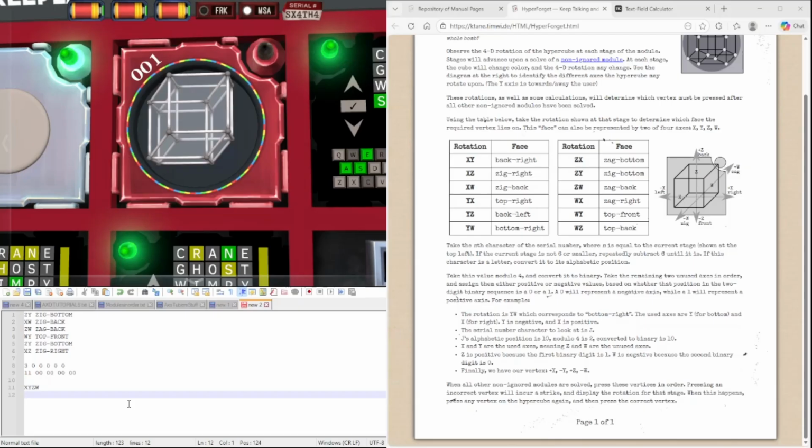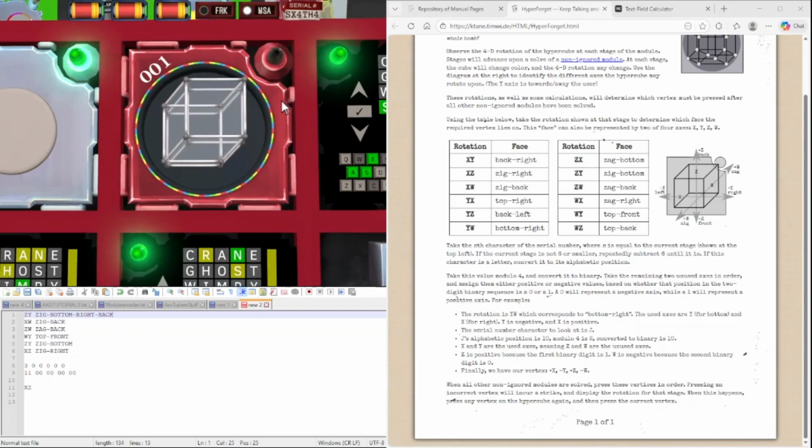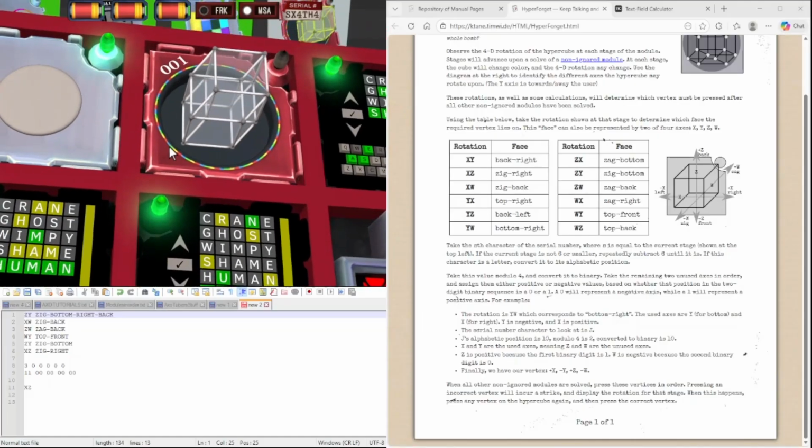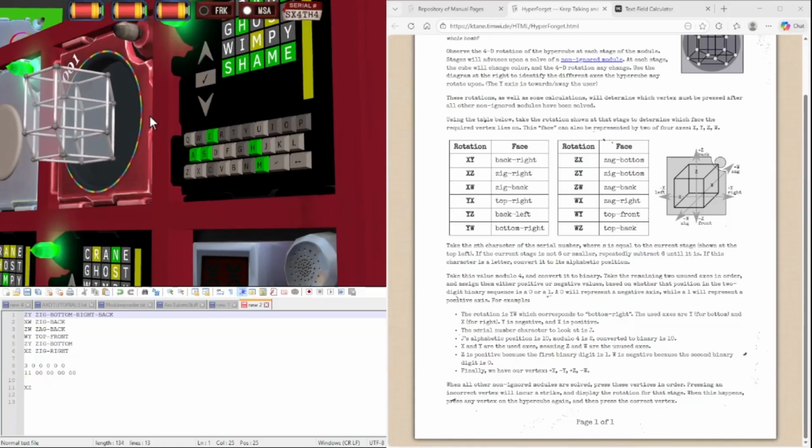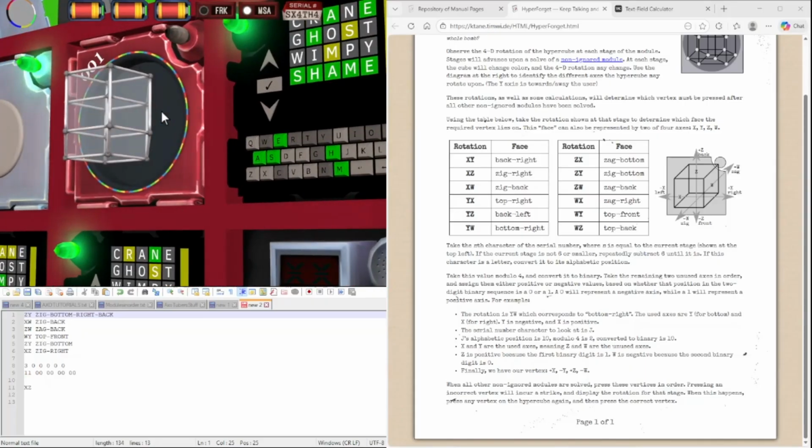We already have zig, which is w and y, so x, z, so positive x is right, back, so zig, bottom, right, back. Bottom is there, right, back, zig.